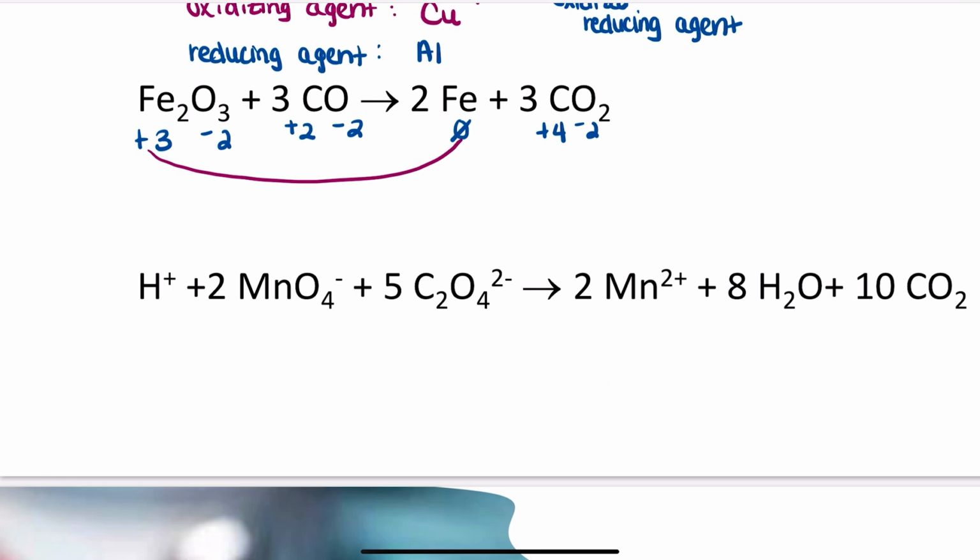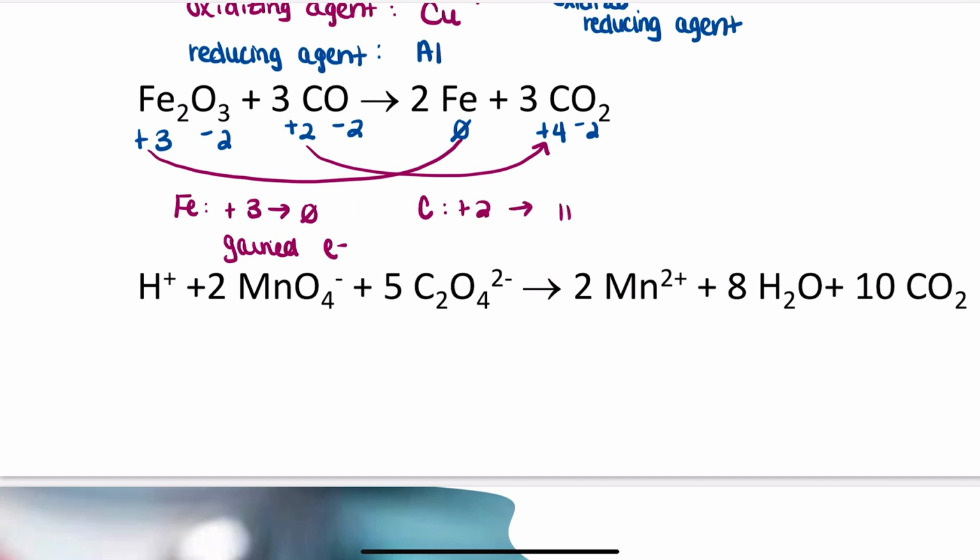My iron went from +3 to 0. It gained electrons. My carbon went from +2 to +4. It lost electrons.